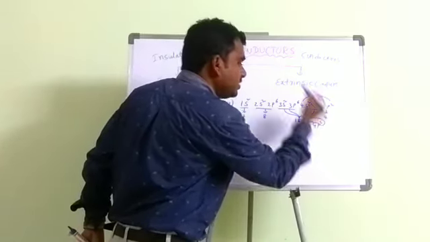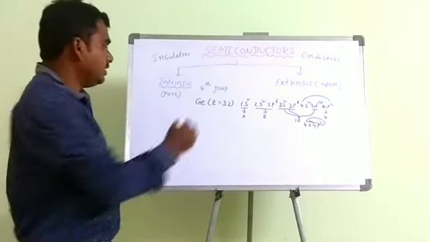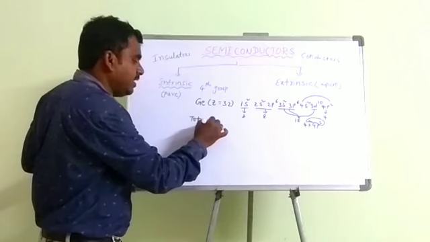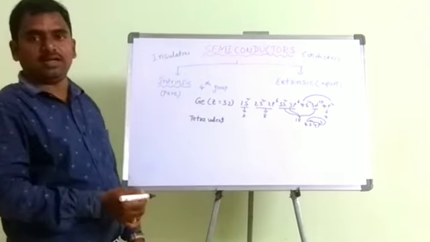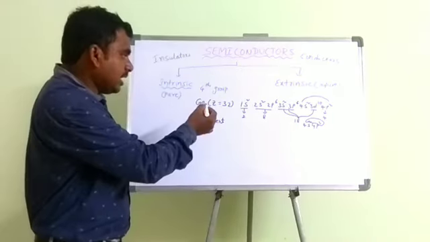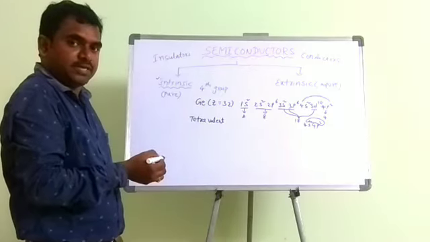That means in the valency, how many electrons are there? 4 electrons are there. That's why those elements are called tetravalent atoms. Now, if you take an intrinsic semiconductor, it is a pure semiconductor.